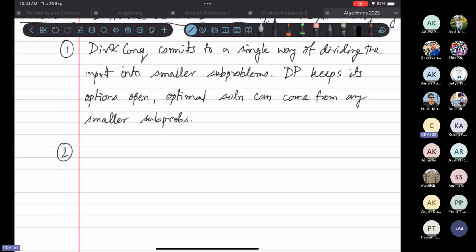Another striking difference is that in divide and conquer, our subproblems are generally not overlapping, right? But quite frequently in dynamic programming, our subproblems are overlapping.